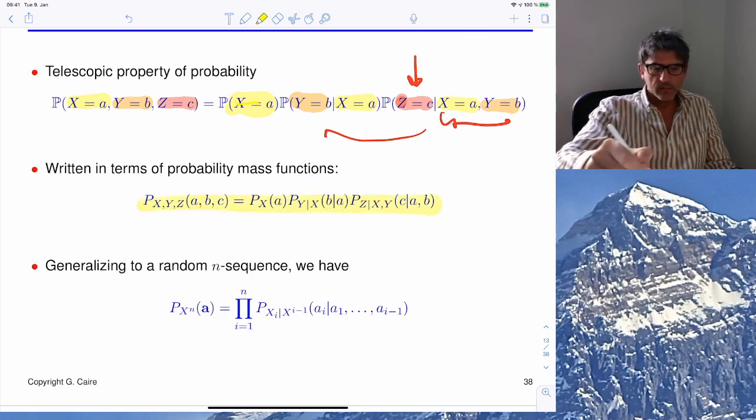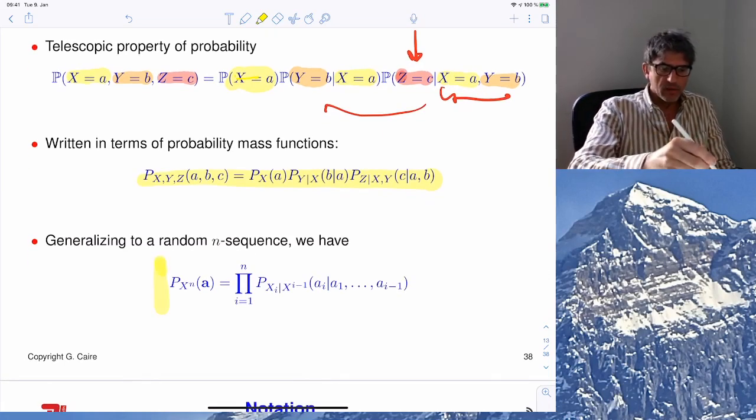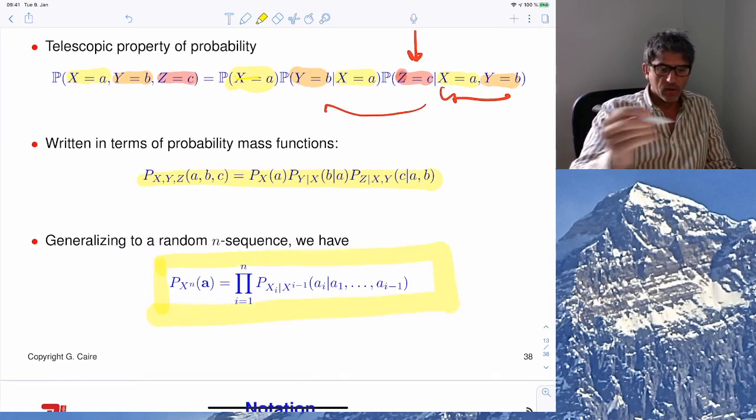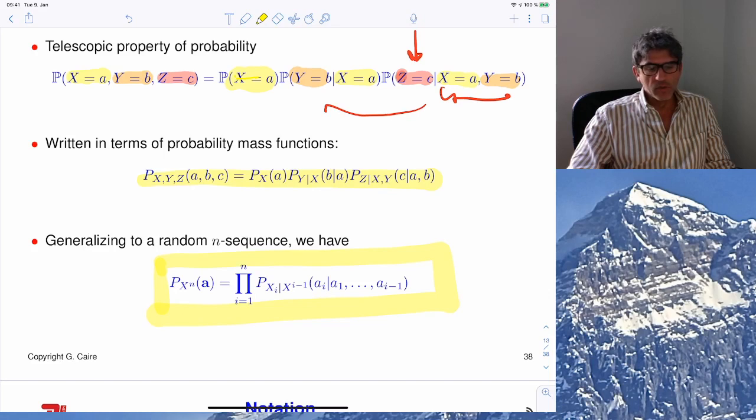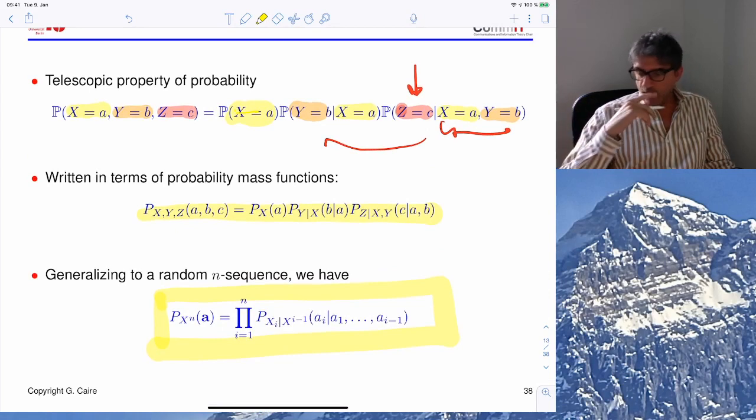And of course, if I generalize this to n random variables, writing concisely with the notation we have introduced, we have this product form. This is the general telescopic property of probability, which will be used later to derive something called chain rules for entropy and mutual information, which are very useful expansions to take complicated terms and break them down into simpler terms.